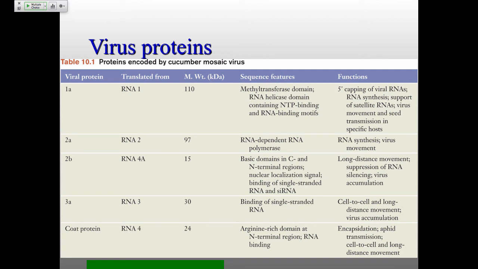Where do you need methyl groups on your RNA? The 5' cap is all about methylation. So this is a capping enzyme, a sequestering enzyme, and an RNA helicase. So all three of these are what's encoded in RNA1, which is made basically as one big protein.